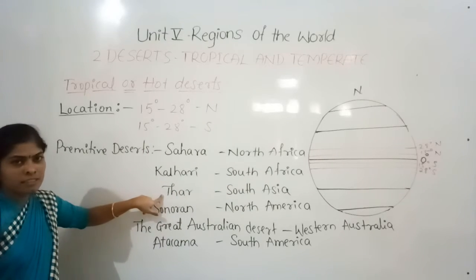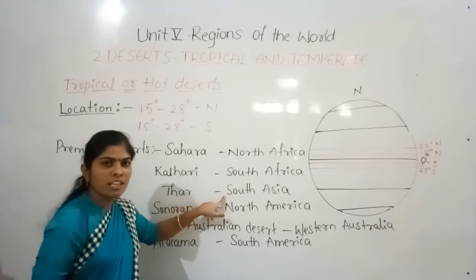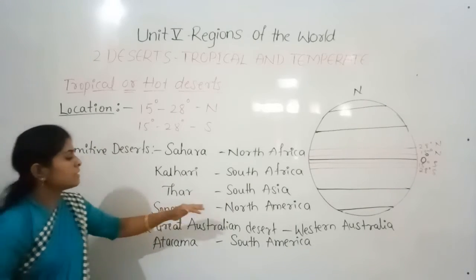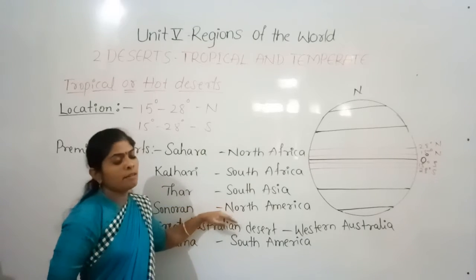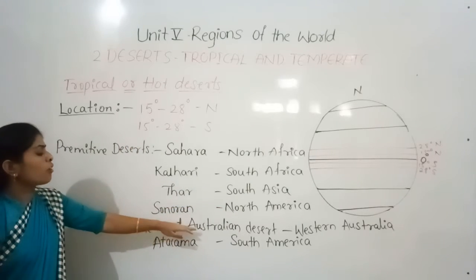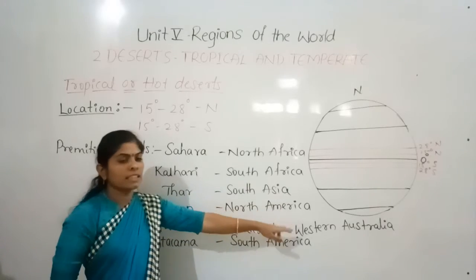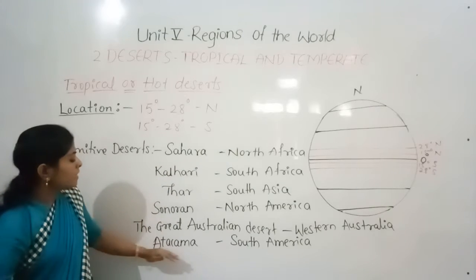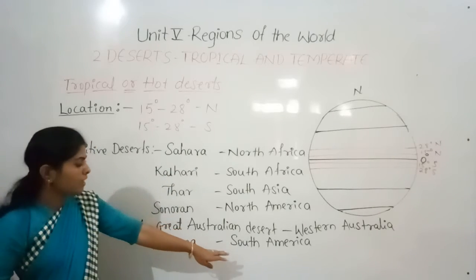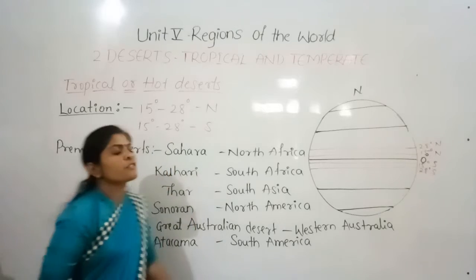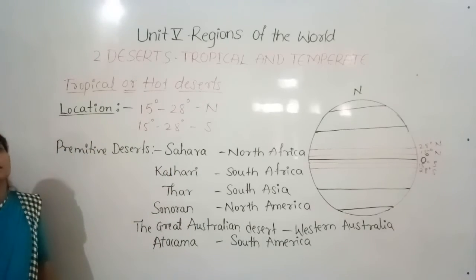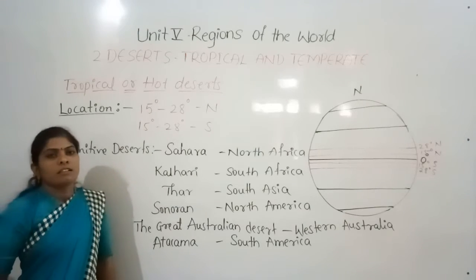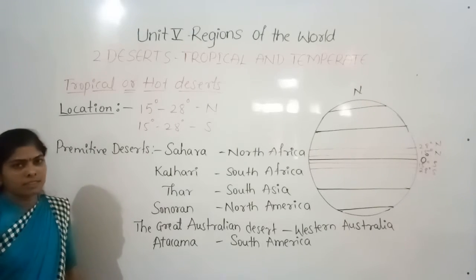And the Thar Desert, which we can see in South Asia. And the Sonoran Desert, which we can see in North America. And the Great Australian Desert, which we can see in Western Australia. And the Atacama Desert, which we can see in South America.